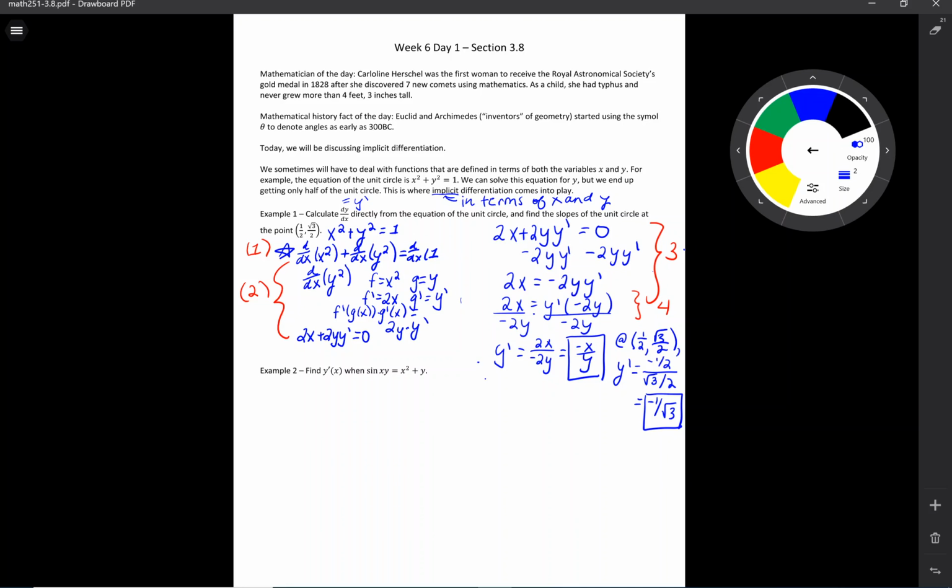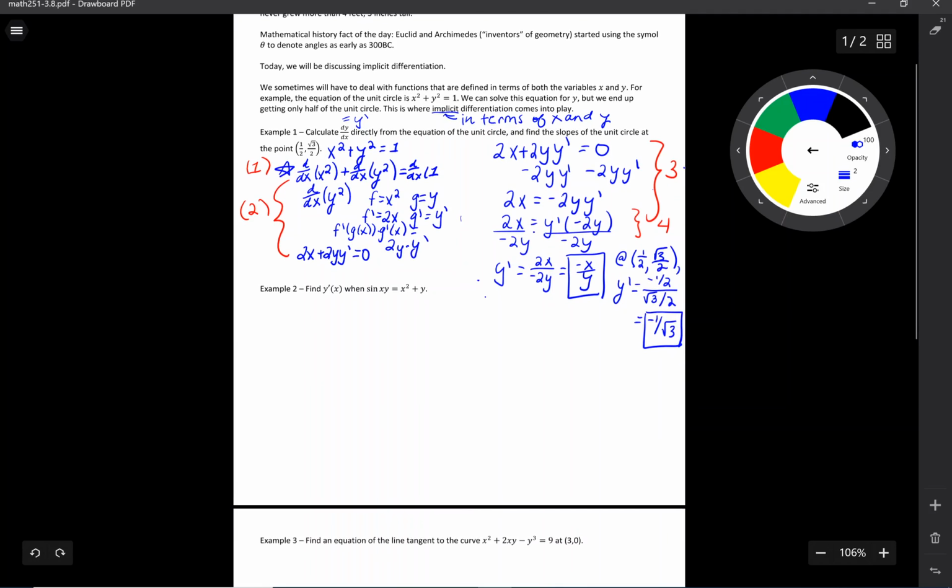All right, let's do another example. We want to find y prime when we have the function sine of xy is equal to x squared plus y. Now, this xy here, we're taking the sine of this whole thing. So I cannot solve for y strictly in terms of x. My y's and my x's are all jumbled together. I cannot solve for y in terms of x. This means that I have to use implicit differentiation.